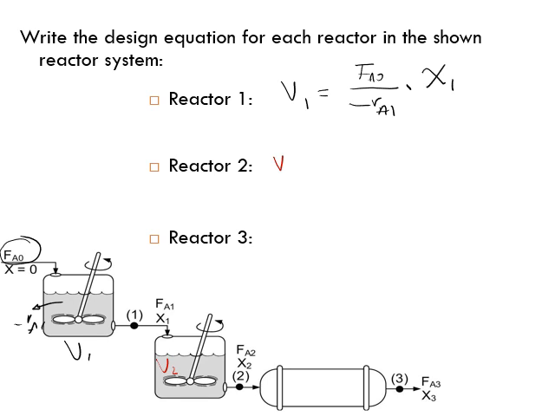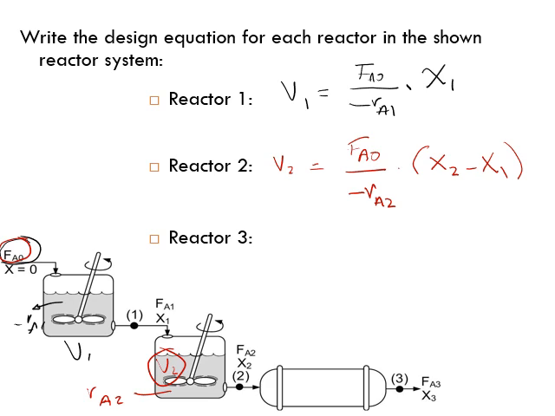So V2 equals, again, FA naught, as our conversion is based on the feed to the first reactor, divided by minus RA2, of course, because we are talking about the rate of reaction inside reactor 2. That's what V2 is a function of. Of course, it's not going to achieve the whole conversion of X2, right? It's going to achieve the difference, X2 minus X1.